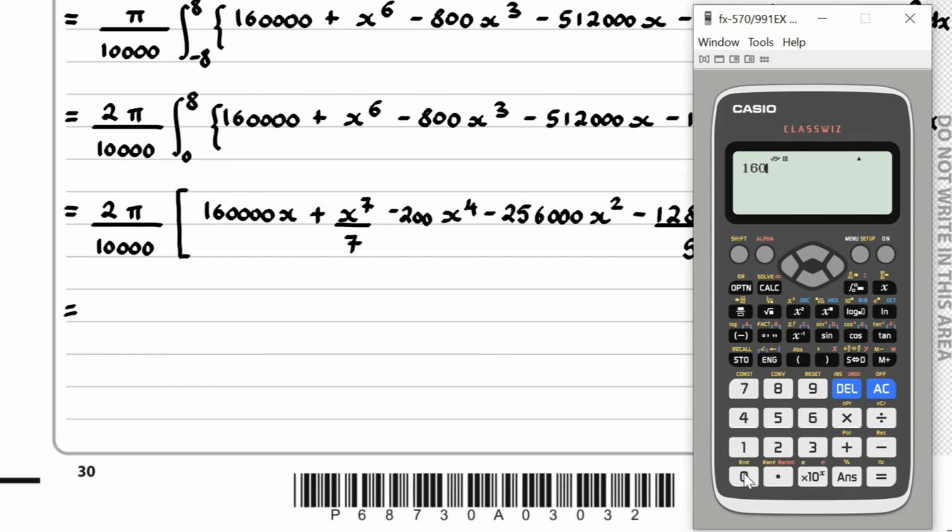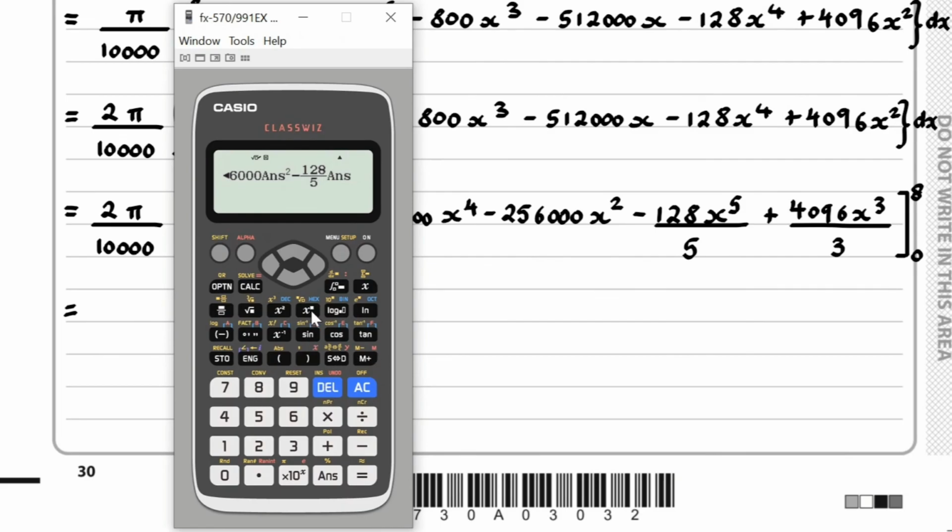Work this out of 160 times this plus this to the 7 over 7 minus 200, this to the 4 minus 256,000 x squared, and we have minus 128 over 5 x to the 5 plus 4096 x cubed over 3.